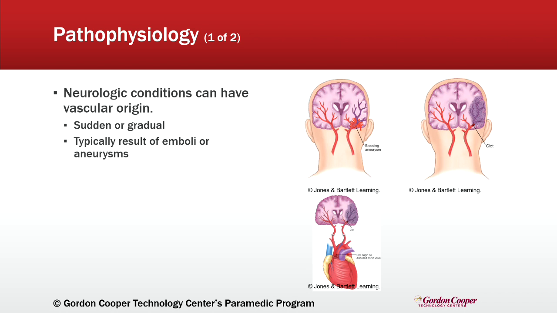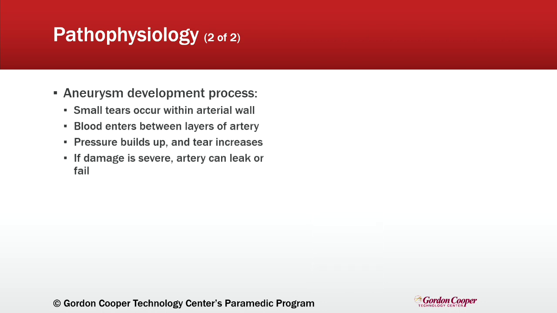Sudden occurrences oftentimes are the result of an ischemic stroke that are typically caused by an emboli, which are essentially blood clots traveling from one part of the body to another, and they wind up getting lodged in the brain and they obstruct airflow. The other is hemorrhagic strokes, often the result of a rupture of an aneurysm, which is a weakened area in the blood vessel wall that bulges and then eventually can burst, leading to bleeding within the brain. Very hard to detect these, and these are the ones that happen with very little or no warning that they're coming.